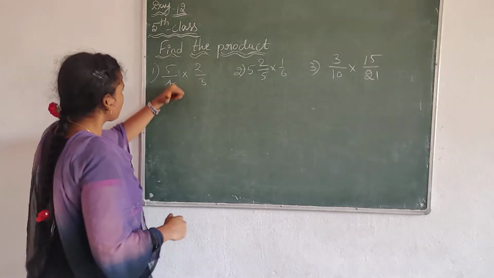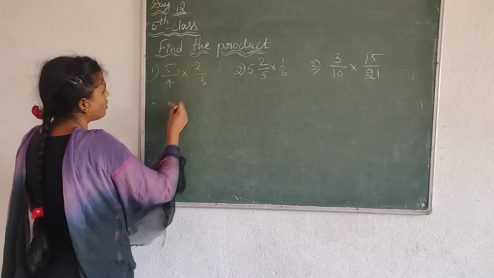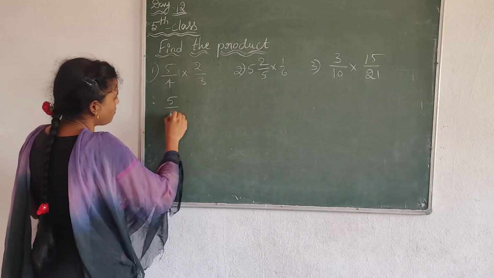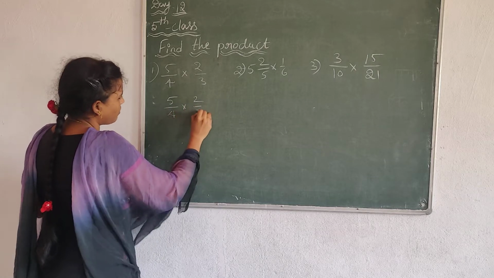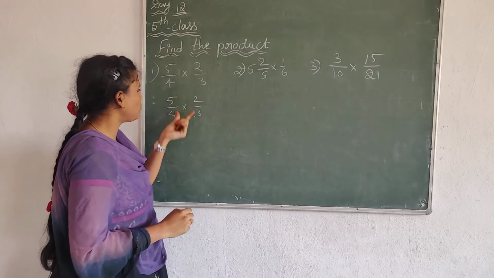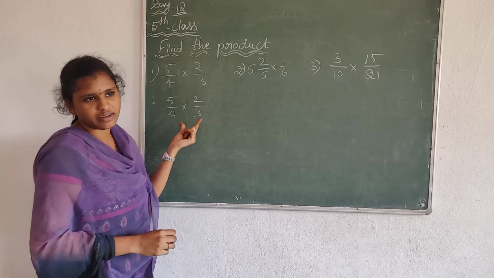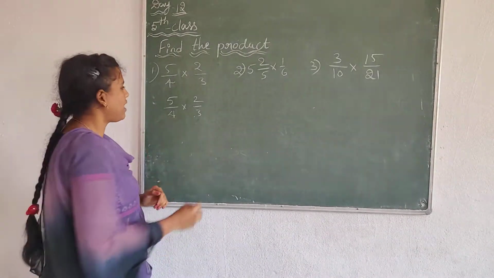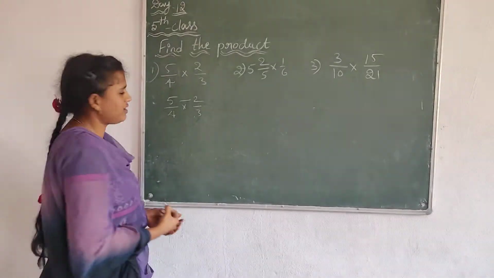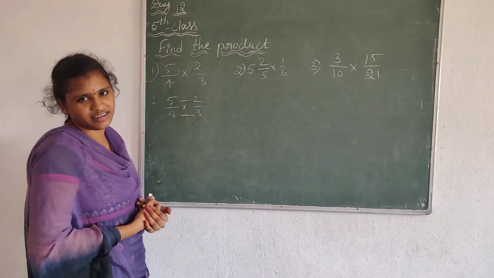Listen carefully. Let's see what our fractions are: 5 by 4 into 2 by 3, right? It has 2 numerators and 2 denominators. Let's multiply both numerators and both denominators.